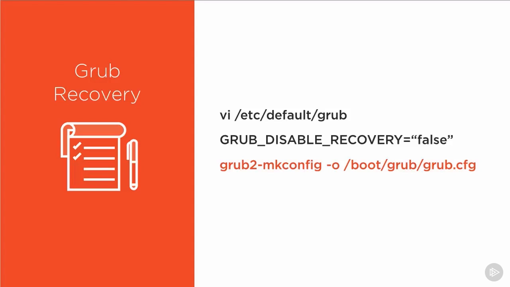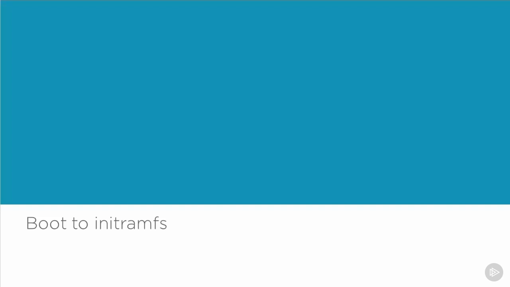But with this, we ran the grub2-mkconfig command and specified the output file to be our grub configuration. With this done, on reboot, for each one of your kernel entries within grub, you should also see an entry to go into the recovery mode. The recovery mode is run level 1, or our rescue target.